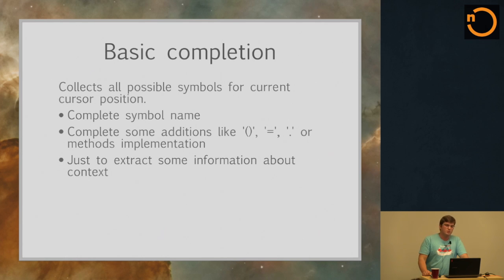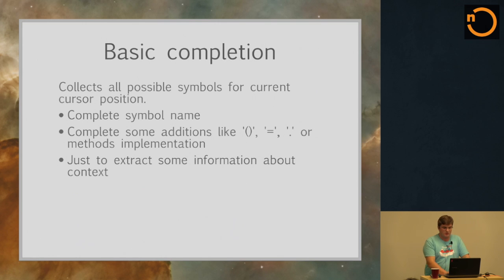Sometimes we use basic completion for information. We want to extract some information from context, so we just invoke basic completion and look through the whole list. Actually, in Scala, it's less usable because the Scala completion list is very big because of a lot of symbols in scope.